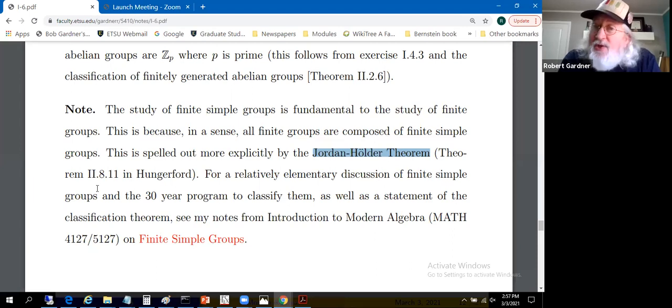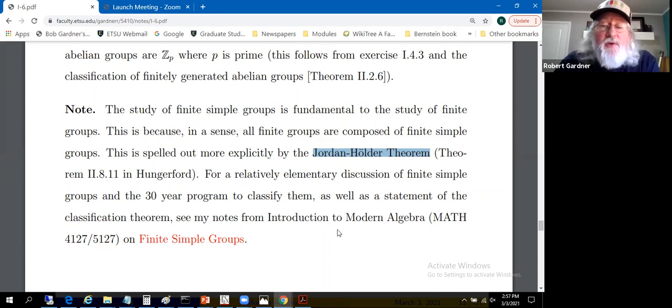The classification of finite simple groups was a program from sometime in the 1950s through, it was pretty much wrapped up sometime in the 1980s. So it spreads over some 3 decades. So this was the problem in abstract algebra throughout the 60s and 70s and piece of the 50s and piece of the 80s.